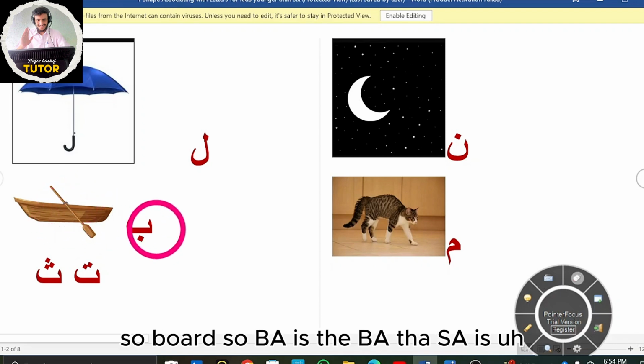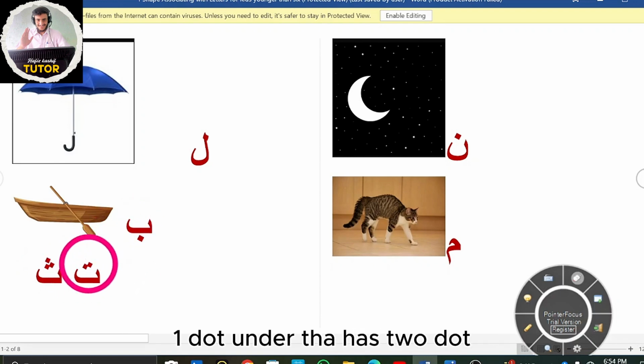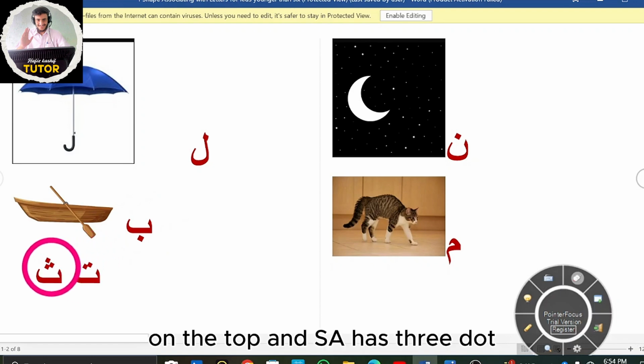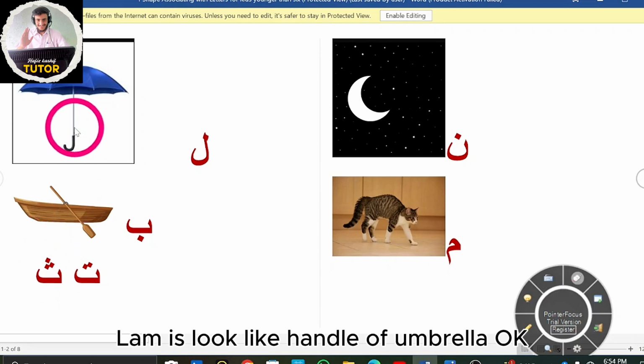Ba has one dot under, Ta has two dots on the top, and Tha has three dots on the top.